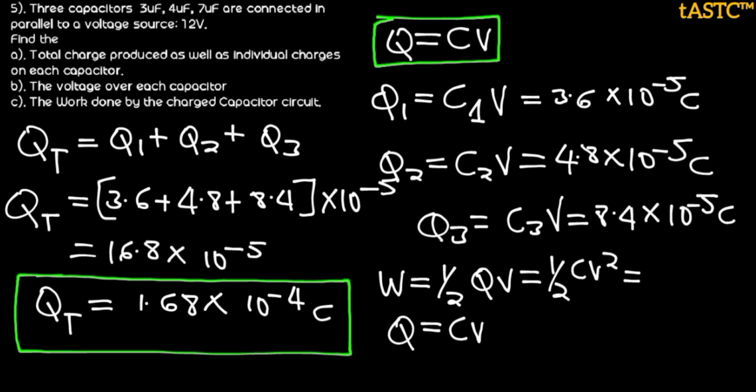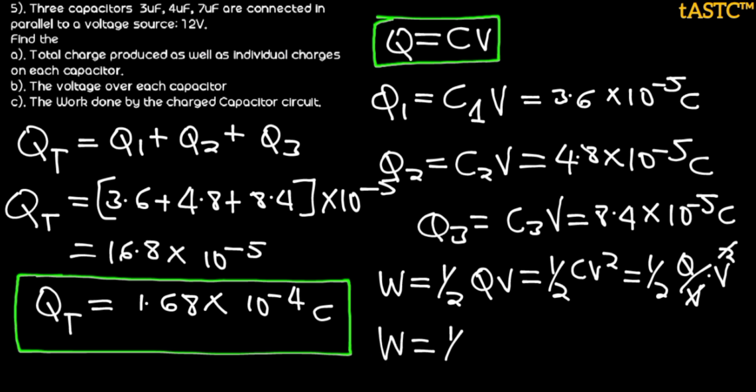Now from here, you can see that C is the same thing as Q divided by V. So we could do that for this one, and that will be 1 over 2 Q divided by V multiplied by V squared. Now this could cancel one of the V's, and so that will give us work done equal to 1 over 2 QV.